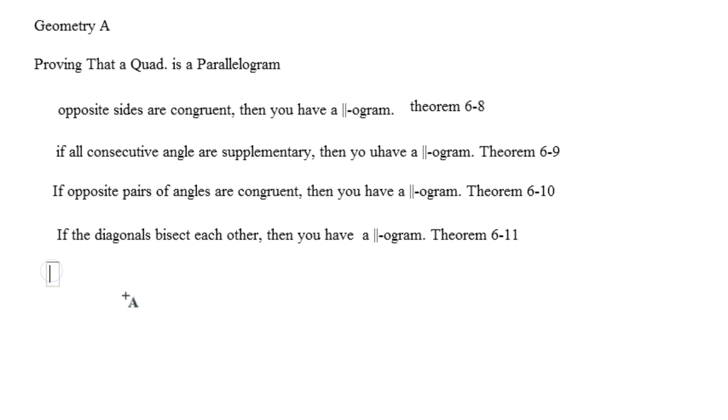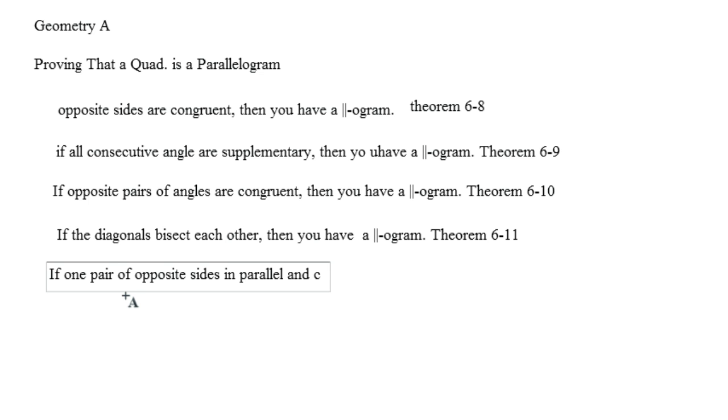Now also, the one that I just talked about last time, the parallelogram in purple. So if one pair of opposite sides is parallel and congruent, then you have a parallelogram.